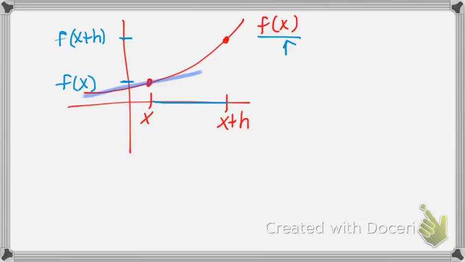So what we're going to do first is draw a line between x and x plus h. The yellow line is called the secant line. A secant line is a line connecting 2 points on the graph.